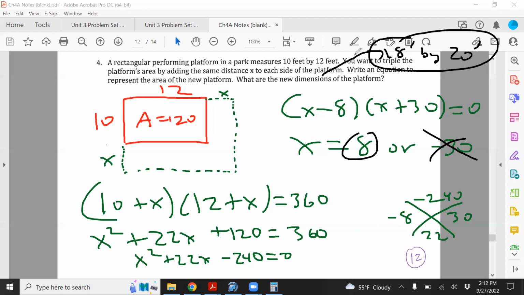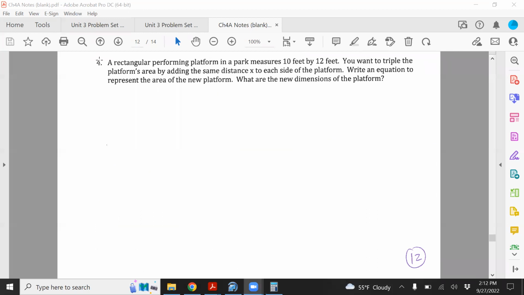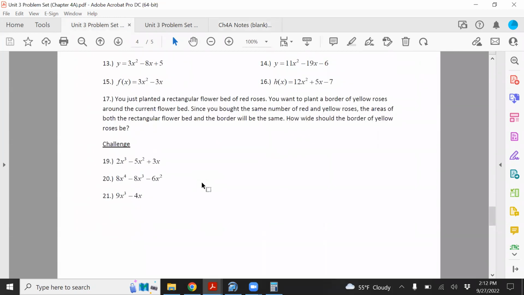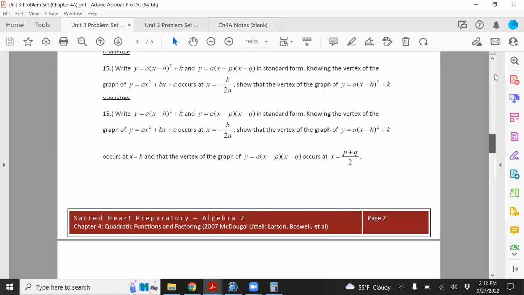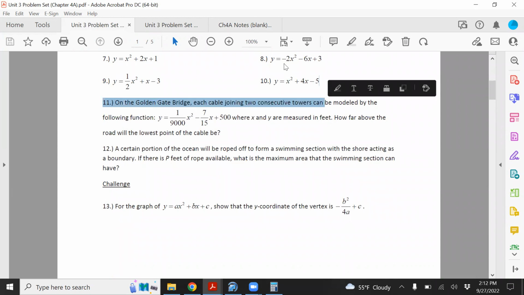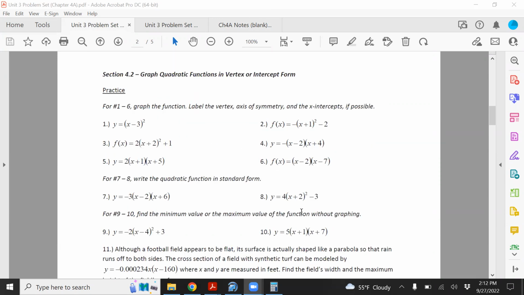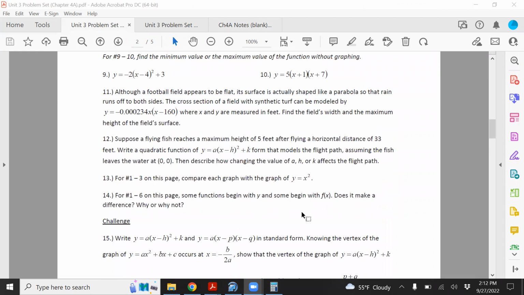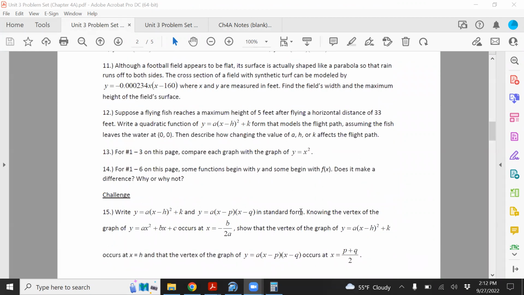So homework. Let me do some updates really fast because I think it's a little too much. For 4.1, I'm gonna chop some stuff off here, just 11. For 4.2, let me chop off 15.